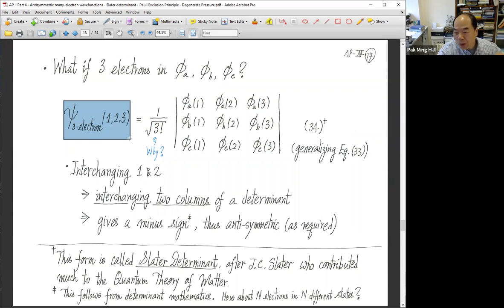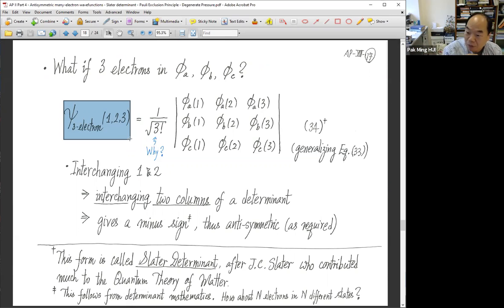If you do it on one single line, in principle, we know what to do, right? Just make sure that we have all the possibilities accounted for, then play with the sign in front of each of the 6 terms, making sure that when you interchange 1 and 2, 2 and 3, or 1 and 3, every time you do this, you have a minus sign.